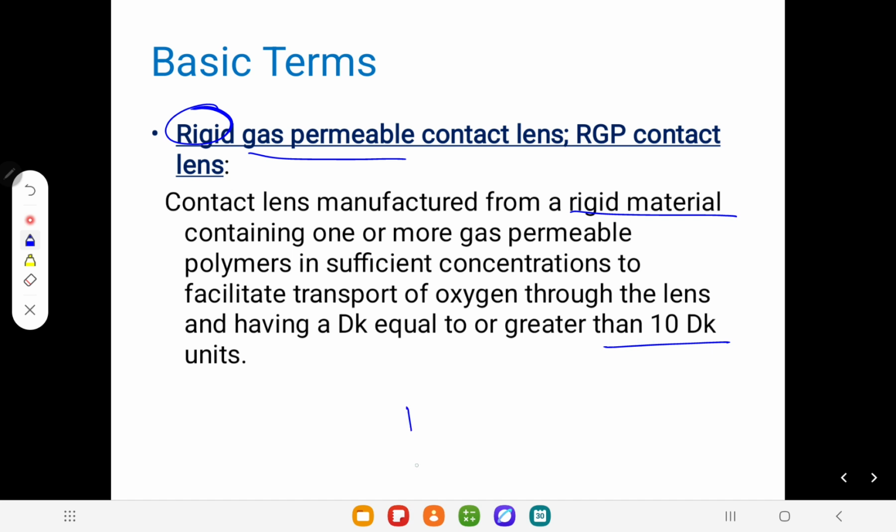That's why we do not call PMMA an RGP. PMMA is a rigid material, but it's not gas permeable. We call PMMA a rigid material, not a gas permeable material. To say gas permeable, it must be greater than 10 Dk, and at the same time it must pass oxygen.